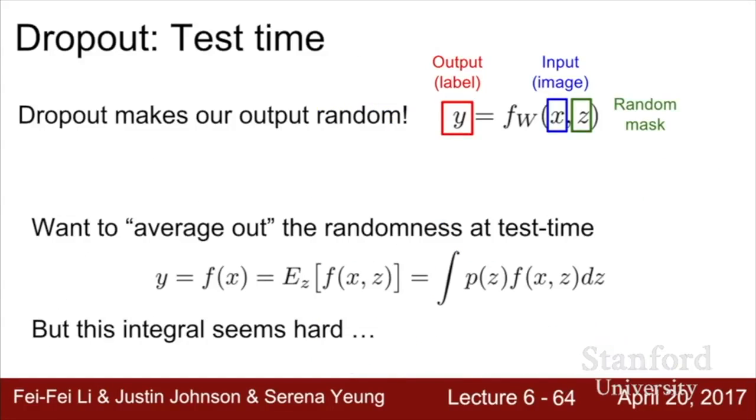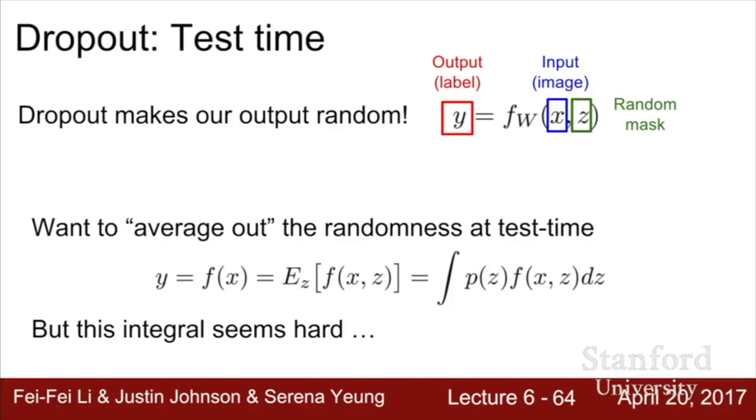But then the question is, what happens at test time? Once we move to dropout, we've fundamentally changed the operation of our neural network. Previously, we've had our neural network F be a function of the weights W and the inputs X, and then produce the output Y. But now our network is also taking this additional input Z, which is some random dropout mask, and that Z is random.